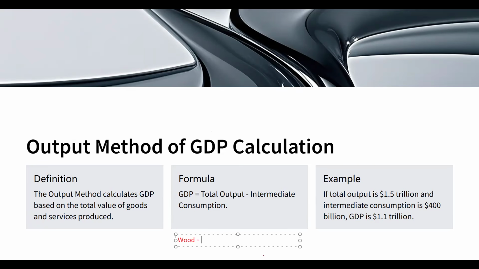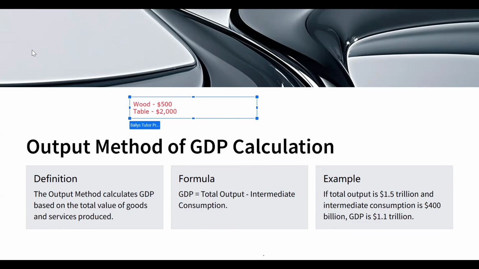And the wood costs $500. And I use the wood to make a table. And the table is now worth $2,000. I cannot add the wood and the table together to get total output. The reason being, the wood is a part of the table. So I'll be counting the wood twice.